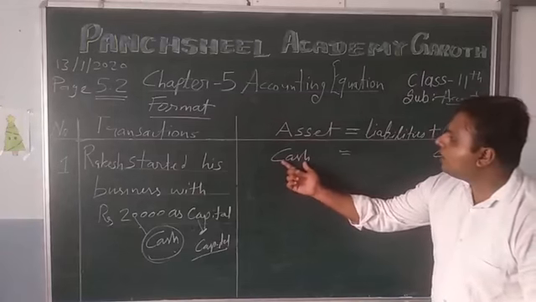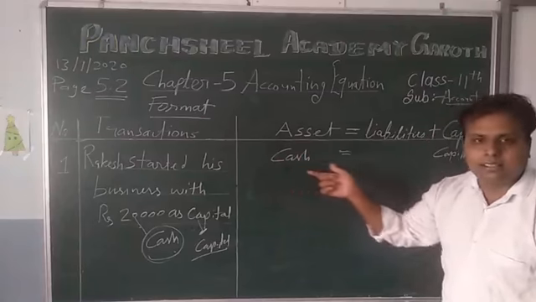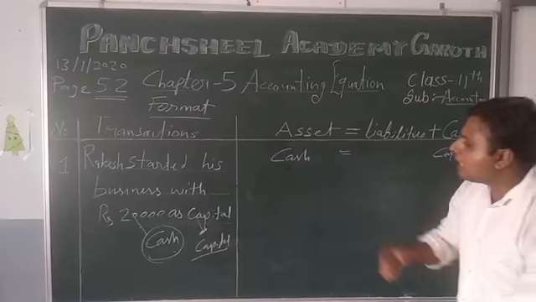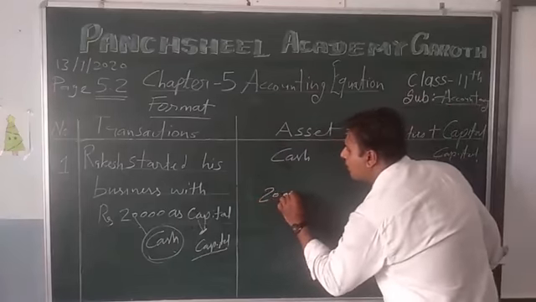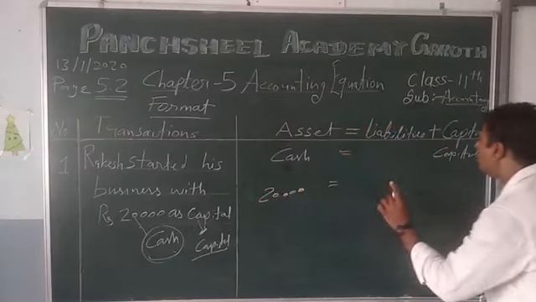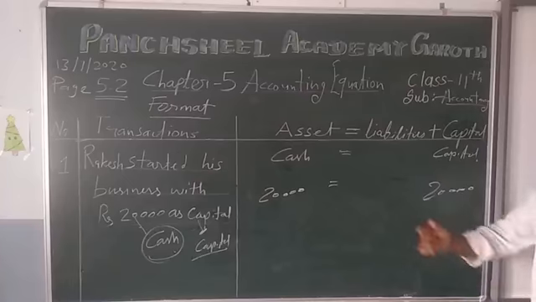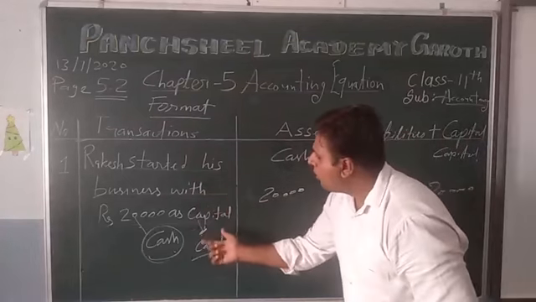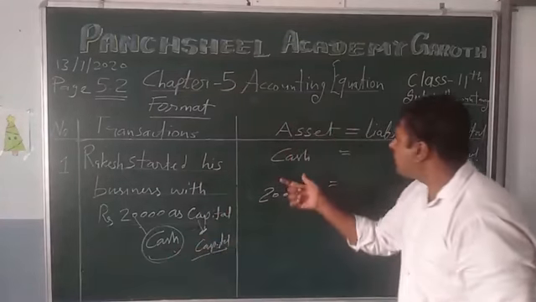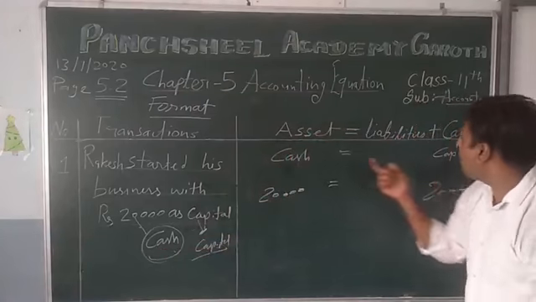These are the two variables. Now, how much cash is involved? 20,000 rupees, equal to how much capital? 20,000 rupees. This transaction is impacting two variables, cash and capital. The same thing I have written here, cash and capital.